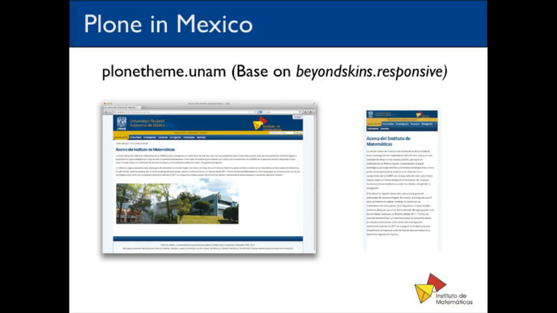So I think a good thing to have is a product that has exactly the look of the institution, so that anybody in the university who wants to use Plone can just download the theme, put it on the site, and we will be complying with the university requirements. Maybe this way we can attract some people to Plone.